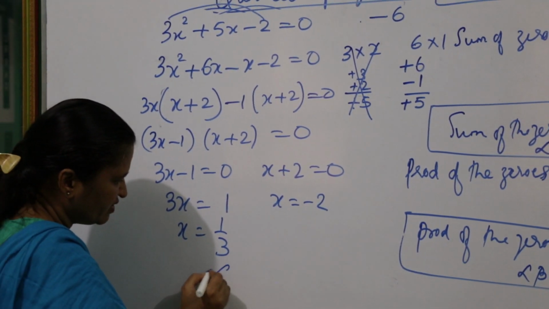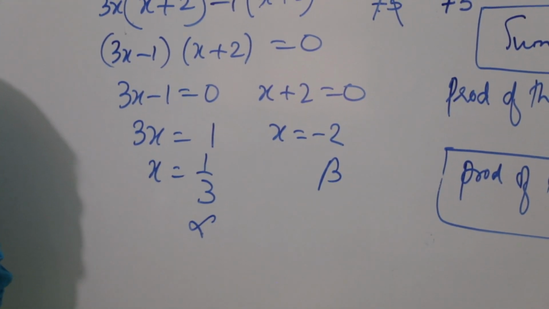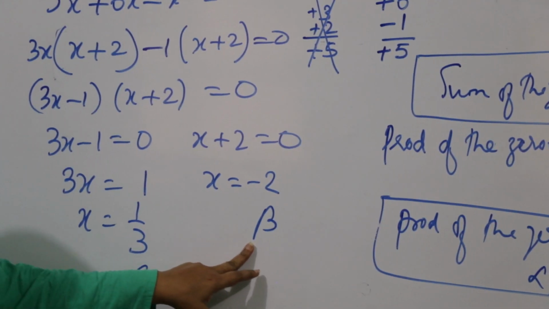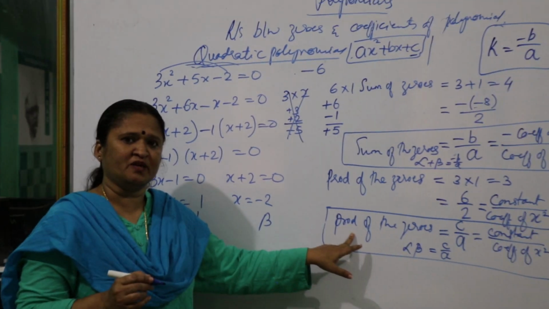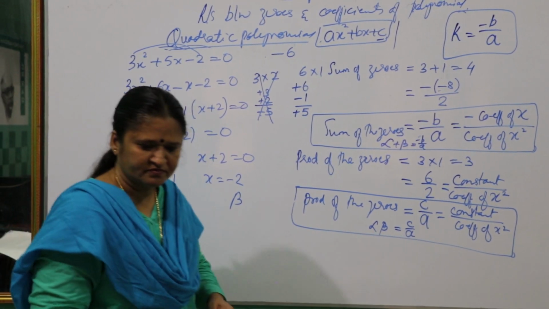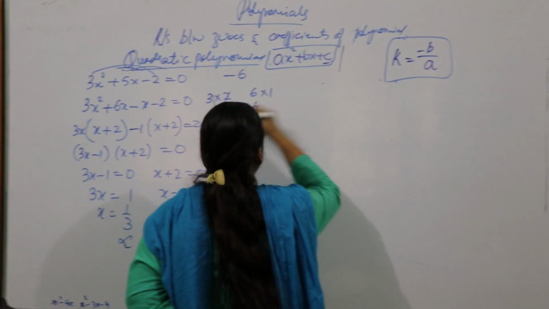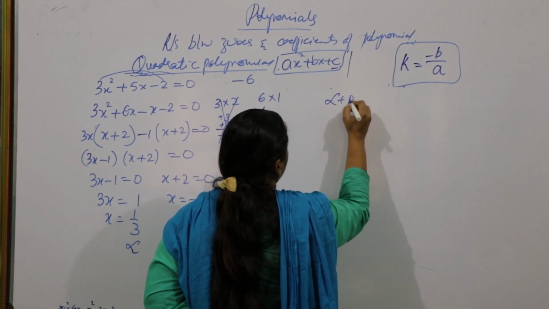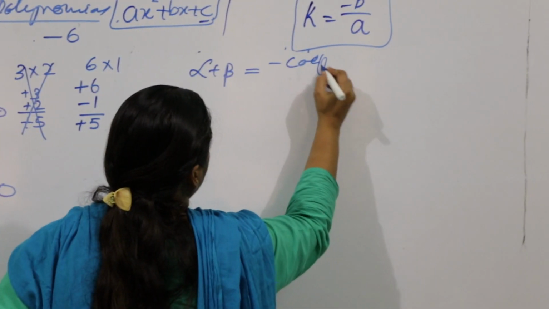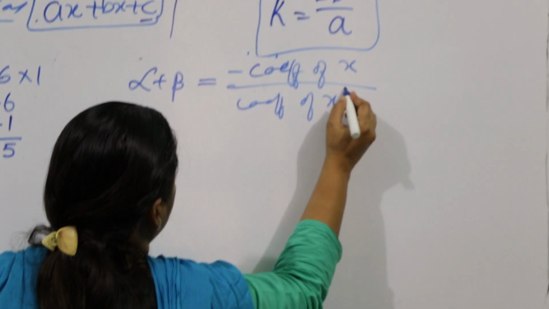Now let this be our alpha and this be our beta. Right? This is alpha and this is beta. Now let's verify this relationship for this particular equation. Alpha plus beta is equal to minus coefficient of x by coefficient of x square.